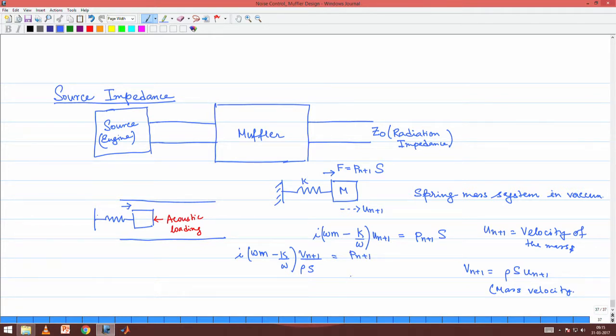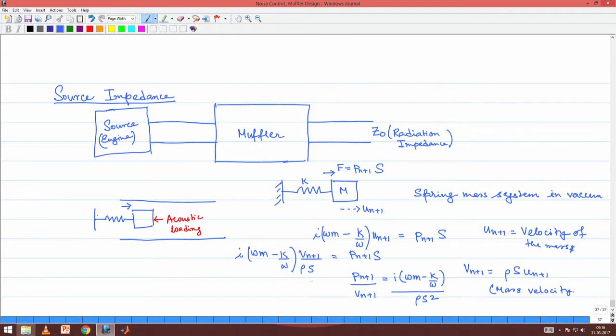Okay. So, then you have the situation that P n plus 1 divided by V n plus 1 is equal to I omega m minus k by omega divided by rho S squared, right. There is an S which is multiplying that P n plus 1.